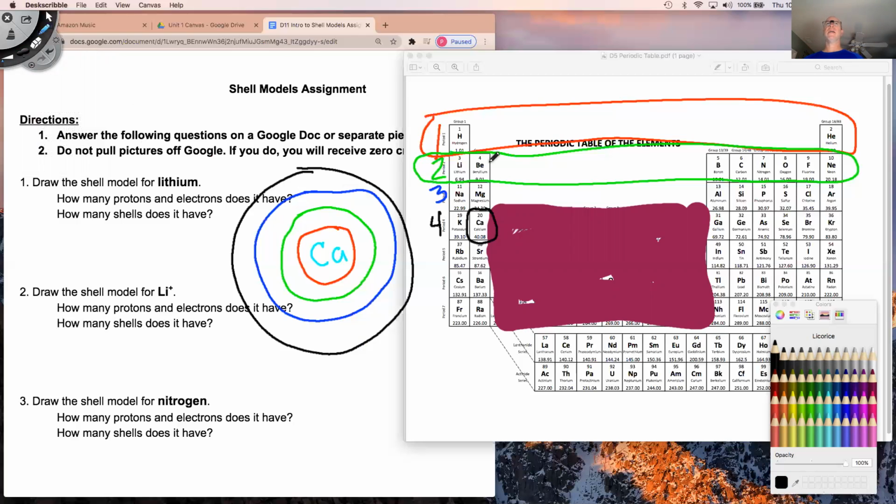So let's take a look. How many electrons will be on the first shell? Now, remember, calcium has 20 protons and 20 electrons because it's a neutral atom. So how many electrons would it have? Well, let's get an electron color. We'll do this one here. There will be 2 electrons on the first shell, right?